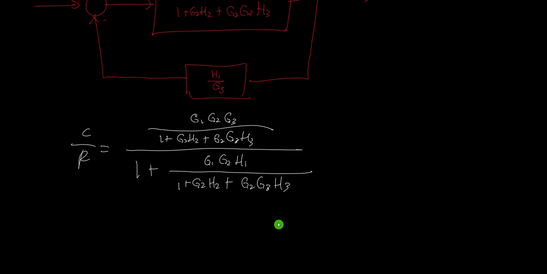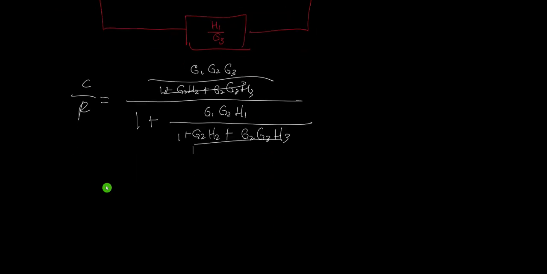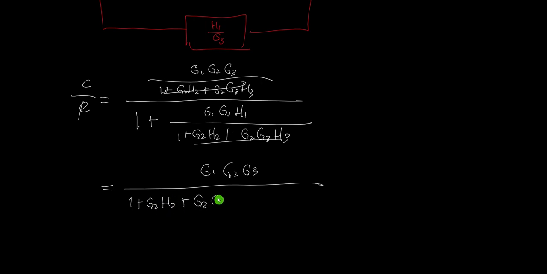And simplify this again, cancel this out. And this will be G1, G2, G3, all over this one times this one. 1 plus G2, H2 plus G2, G3, H3 plus G1, G2, H1.